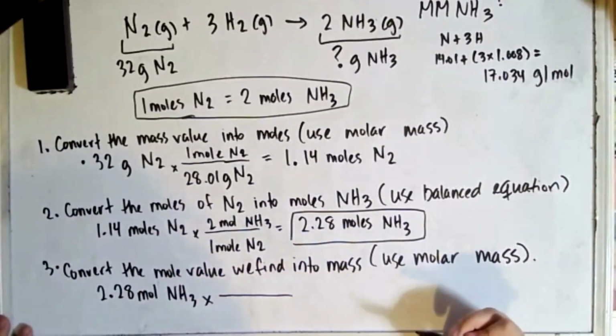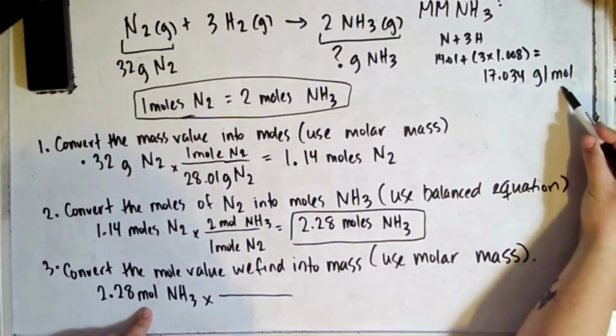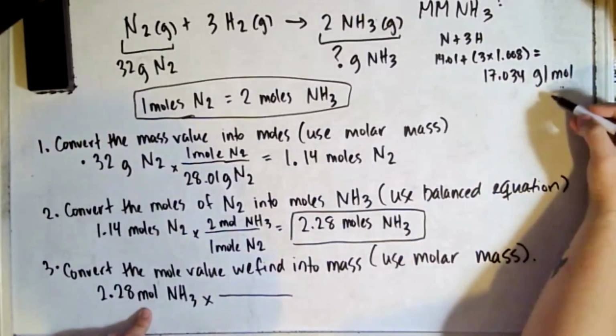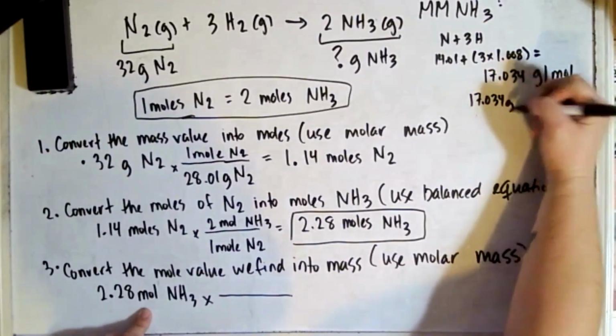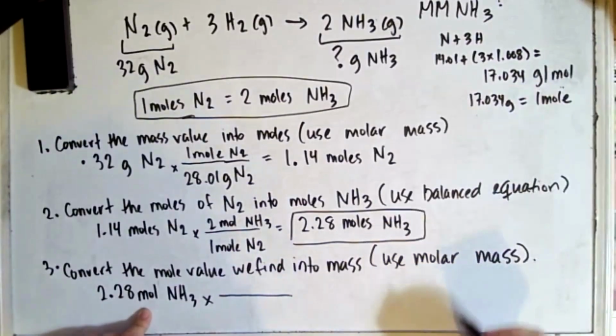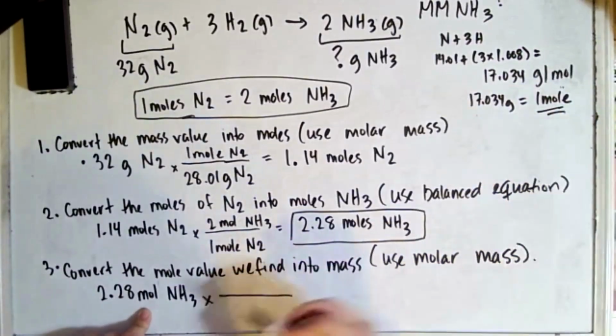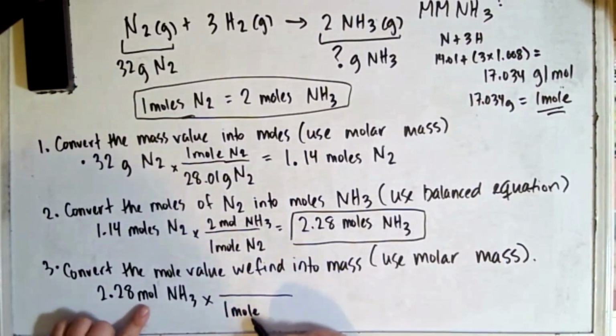And now we're going to set up our conversion factor. Our 1 mole from our molar mass. So remember what molar mass means. It means 17.034 grams in every 1 mole of the substance. So our 1 mole is going to go in the denominator of our conversion factor so that our mole units cancel out.